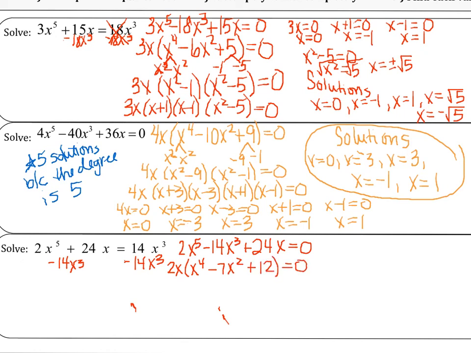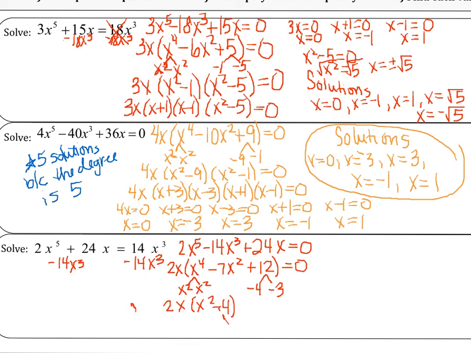And again, even though the first one's x to the 4th, I can still think that's x squared times x squared. What can multiply to give me 12 that adds up to negative 7? Well, that's negative 4 and negative 3. So this factors into 2x times the quantity x squared minus 4. Oop, minus 4 is a perfect square.